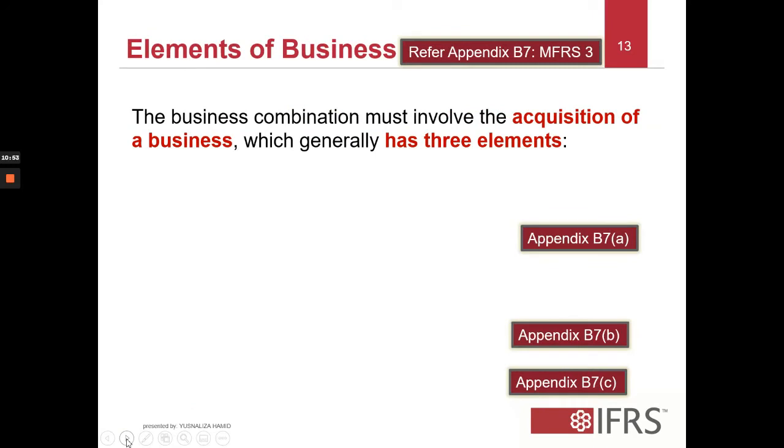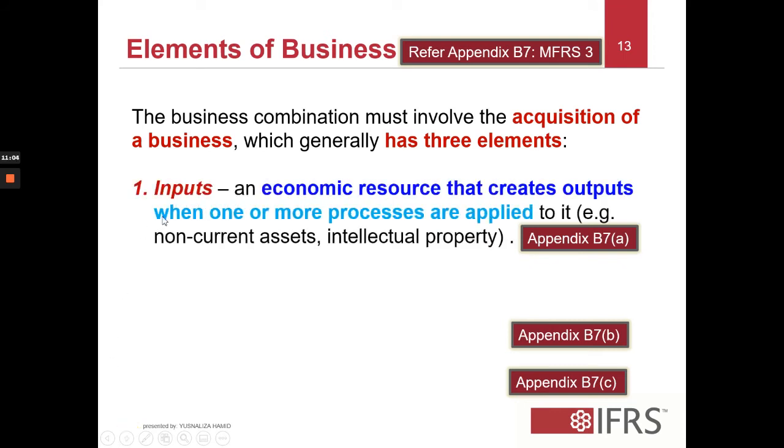So these are the elements of business. If you know the definition of business, it has three elements in the acquisition of business. Number one, as I mentioned just now, inputs, where inputs are the economic resources that create outputs when one or more processes are being applied.